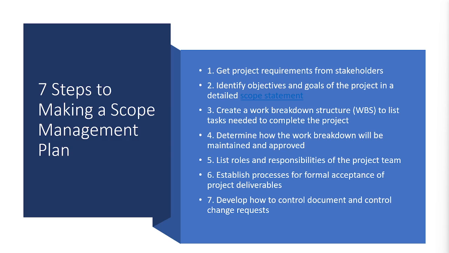Okay. Number 3, create a work breakdown structure, or a WBS, to list the tasks needed to complete the project. So the WBS, or the work breakdown structure, takes the whole project and breaks it up in phases. So we may have the planning phase, and that may have a few parts to it, right?